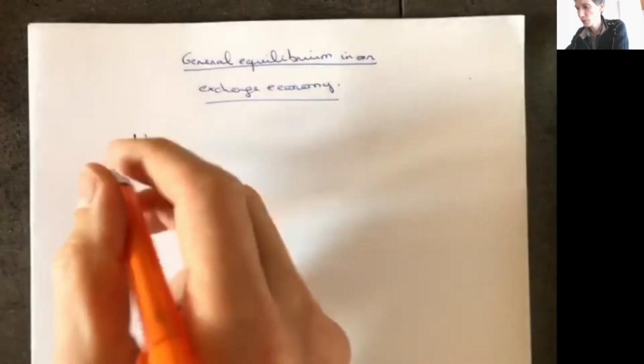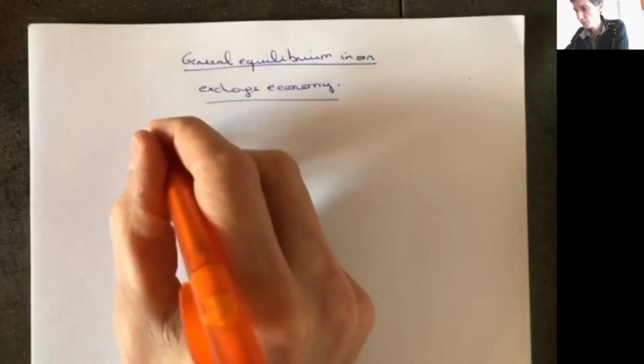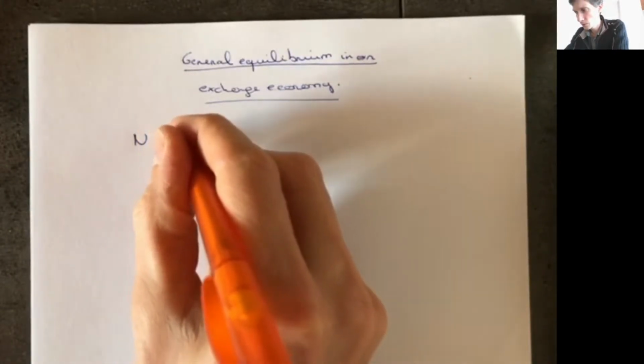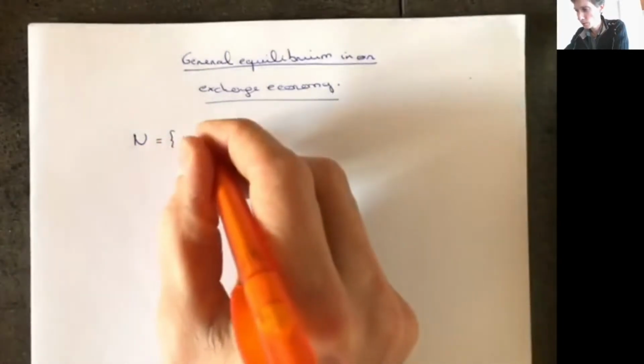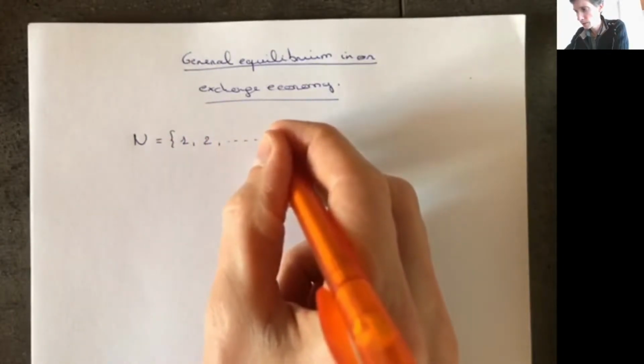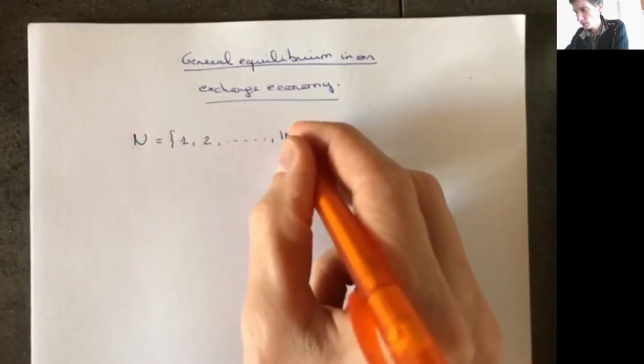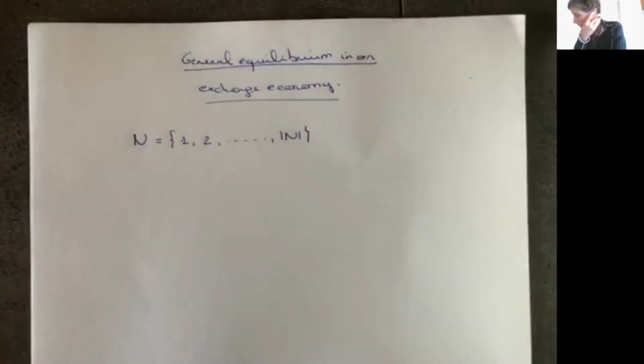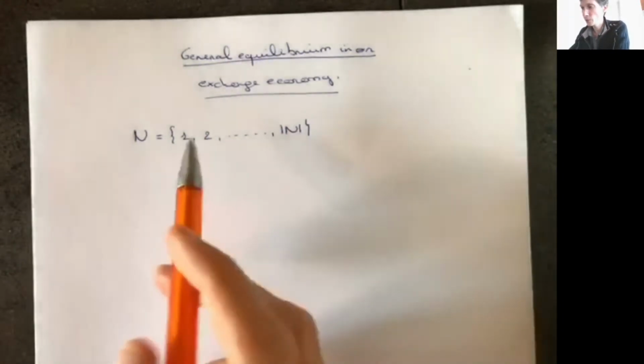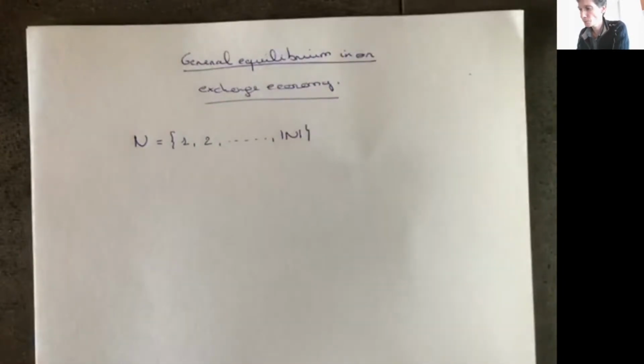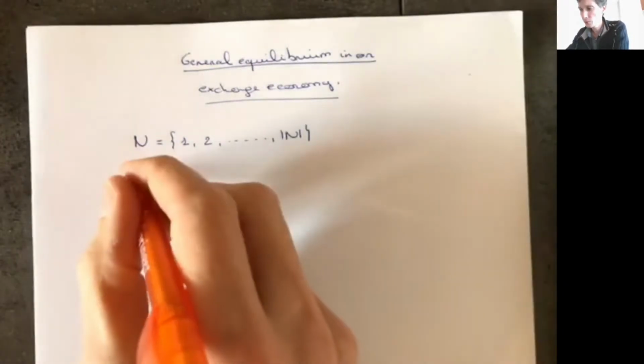We're going to need to have some consumers, and we're going to put them in a set N. So you have consumer 1, consumer 2, and so on until n, the number of consumers. And we're also going to have some goods.